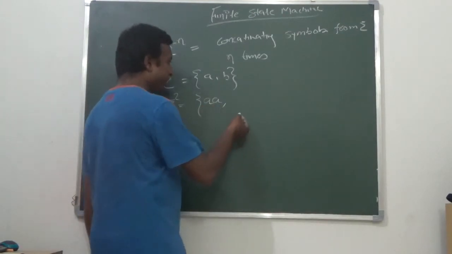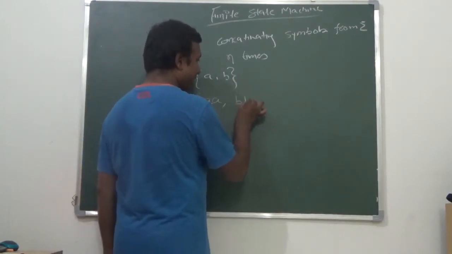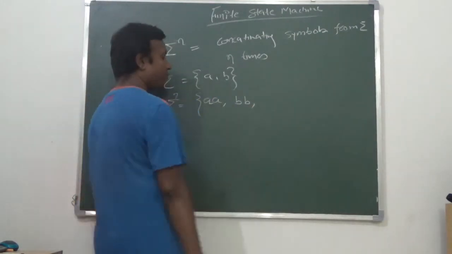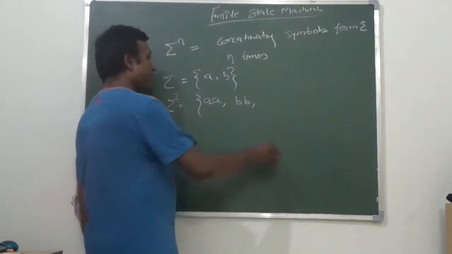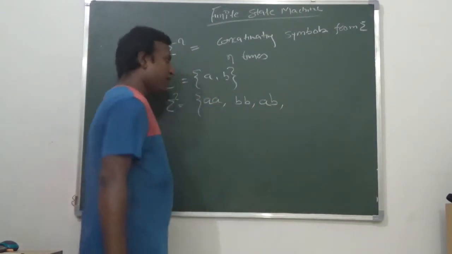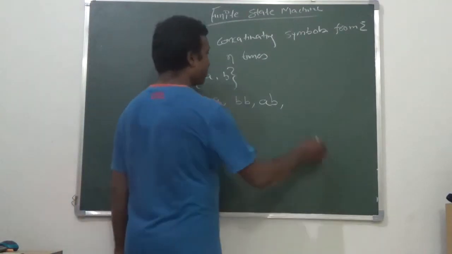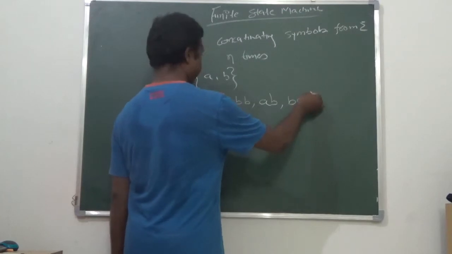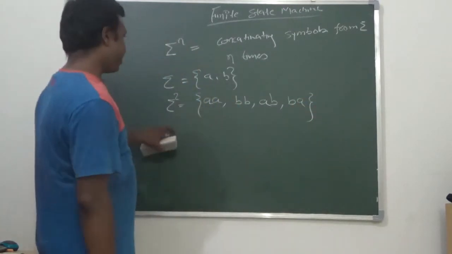Then I choose B and concatenate it with B, that is another possibility. If I choose A, then the second symbol I choose is B, and the fourth possibility is first I choose B and then I choose A. So that is the meaning of sigma squared.